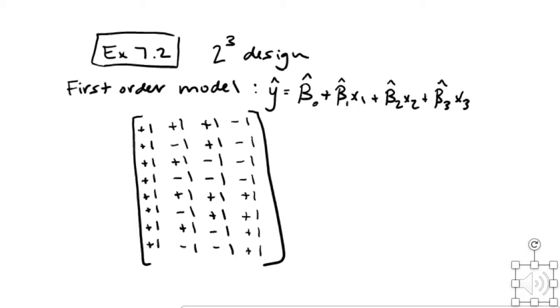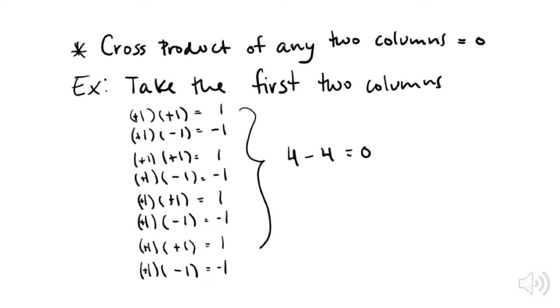And then below that, I've written out the design matrix. So the plus ones in the left column correspond with the intercept term, and from there to the right, you can see that that corresponds to the beta hat 1 and so forth. So now that we have the design matrix written out, we can take individual columns and look at their cross products, because in order for a design to be orthogonal, the cross product of any two columns has to equal 0.